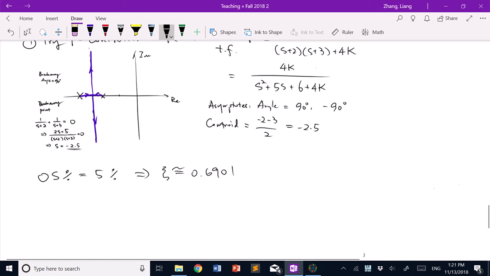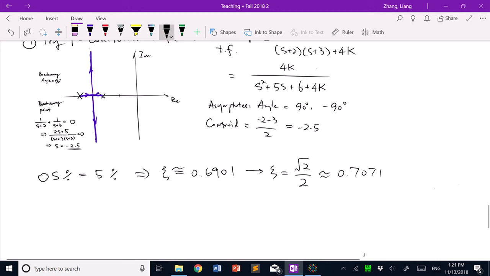Well, in control design, we do approximations a lot when we do the initial design. So we'll say, well, if 0.69 will give you 5%, I'll give it a little more cushion, a margin, such that I will make it equal to square root of 2 divided by 2, which is approximately 0.7071.